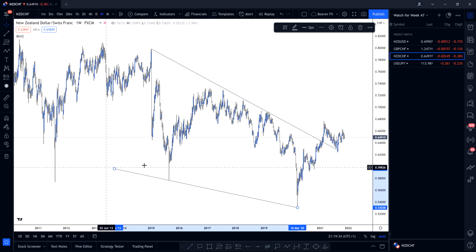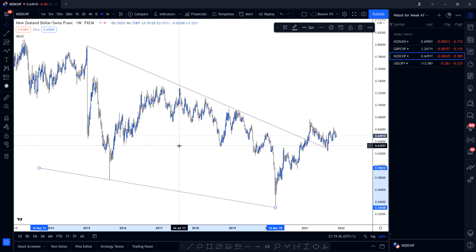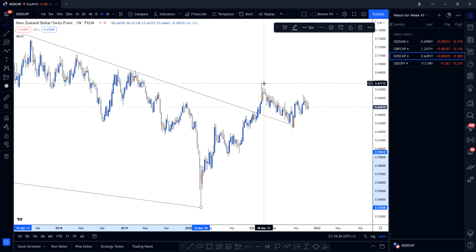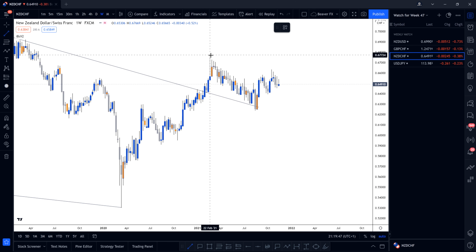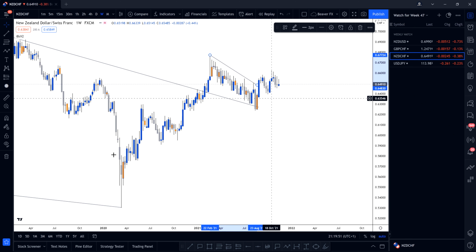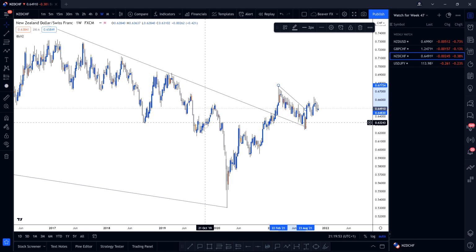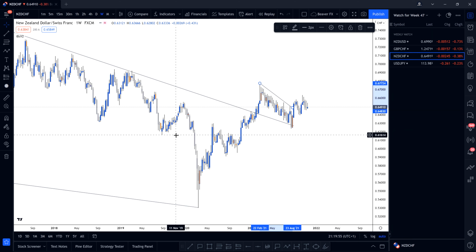It has been pretty steady for a very long time, and finally we broke through this high, then we're having this retest, this corrective move.